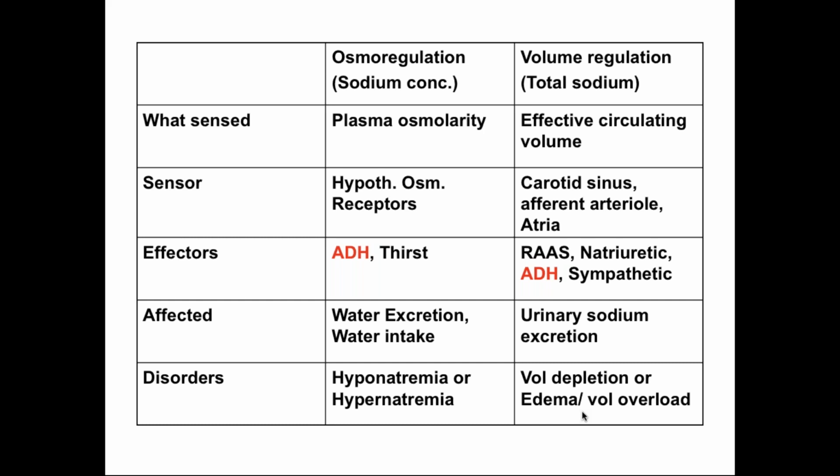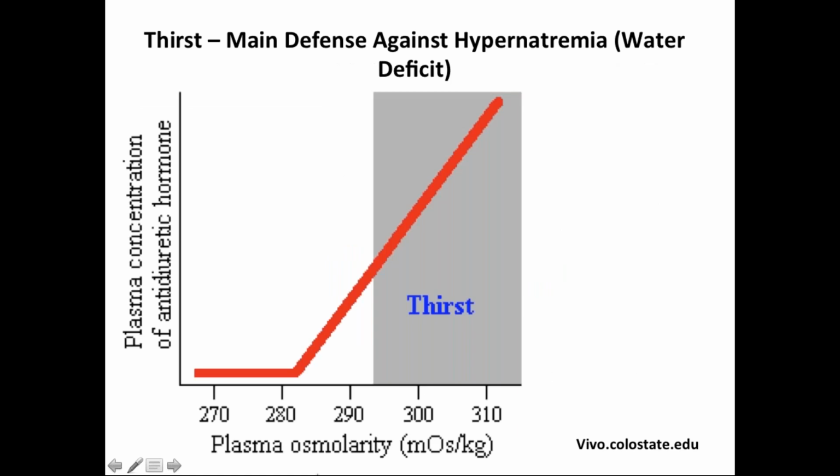These are problems of too much or too little sodium in the body, which is limited to the extracellular compartment, the interstitial or intravascular compartment, and that is what dictates the volume. So these are sodium problems, volume depletion or edema, while hypo- and hypernatremia are water problems.